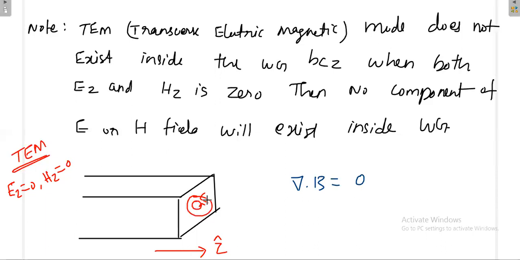It has to be in a rotational manner. Then only del dot B will be 0, because now there is no magnetic field along the Z axis. The magnetic field is present only on the XY plane. If you want to satisfy del dot B equal to 0, then it has to be in a rotational manner.